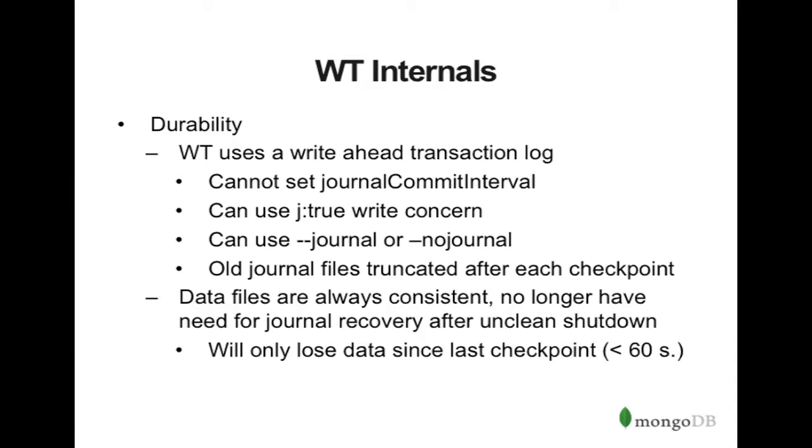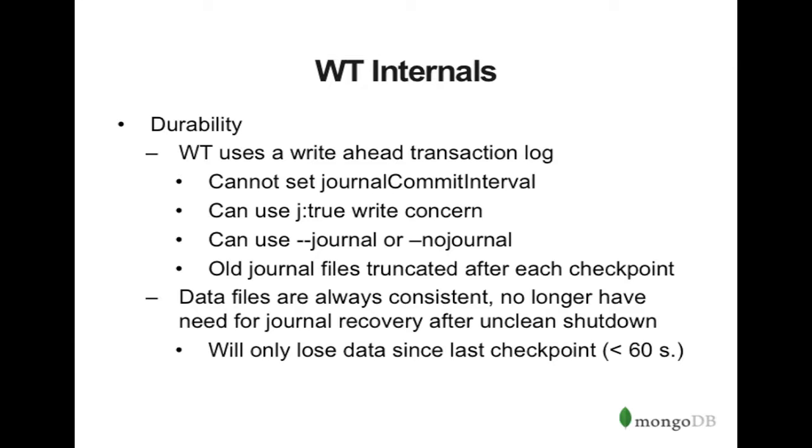So in case of a failure, when we return, if the journal files are present with data in them, we know that we had an unclean shutdown and we need to replay the journal to get all of the data that came in since the last checkpoint, similar to how mmap v1 works.